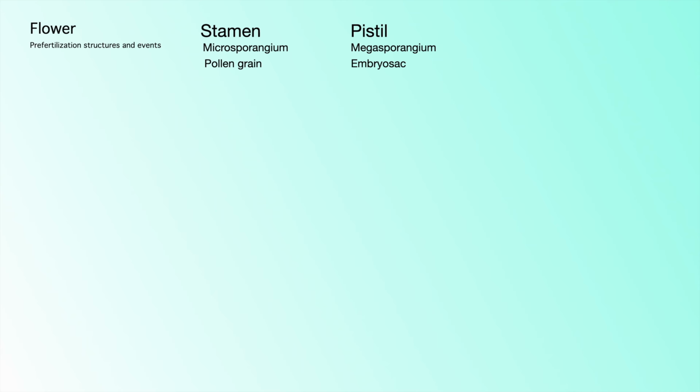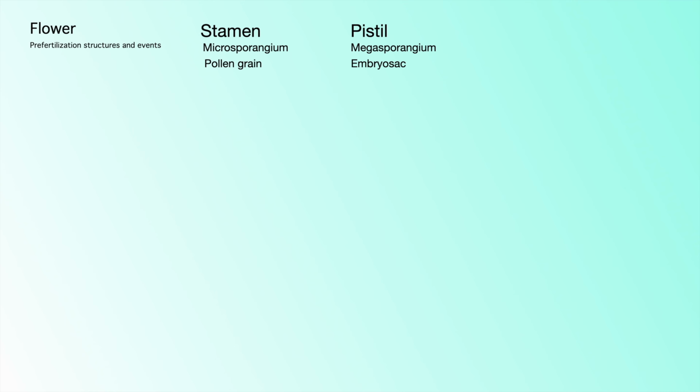A single pistil or ovary may have one ovule or more than one ovule. Now we will see the detailed structure of the megasporangium or ovule. The ovule is a small structure.